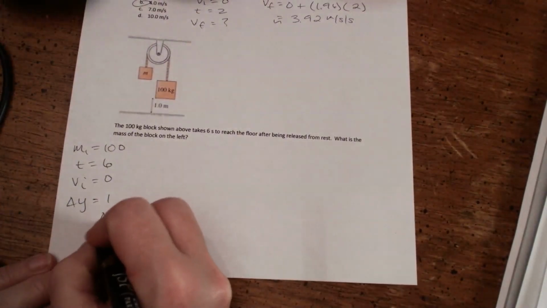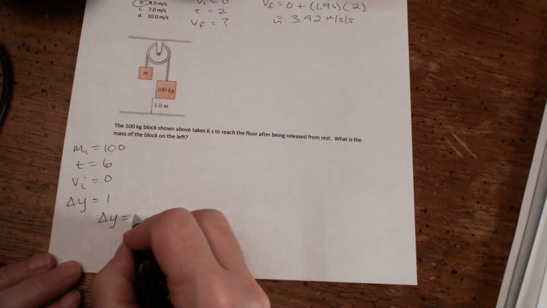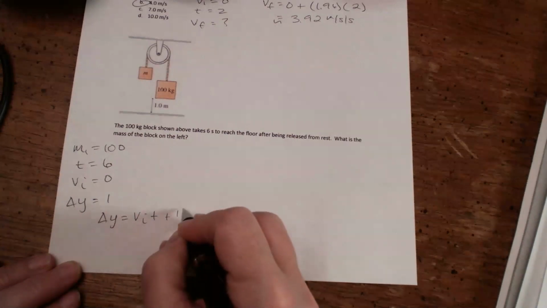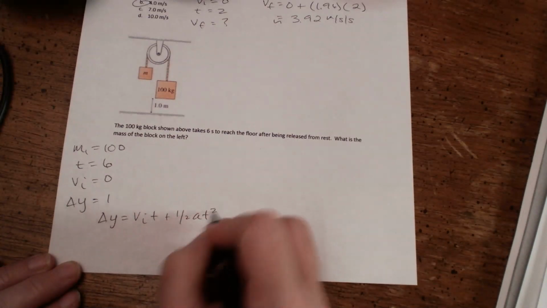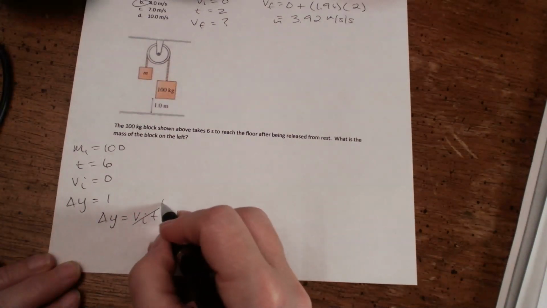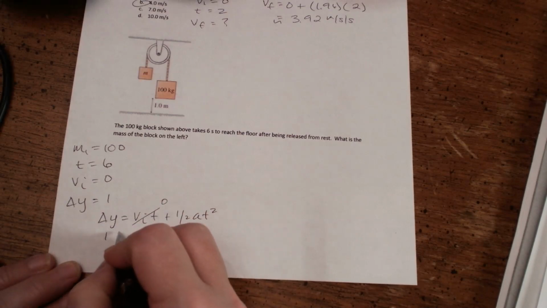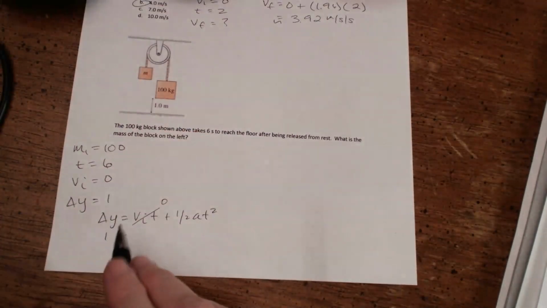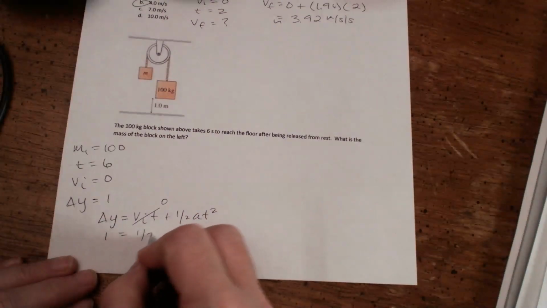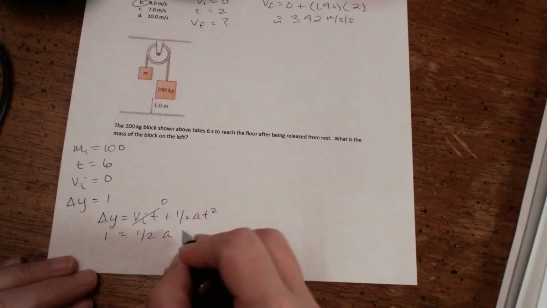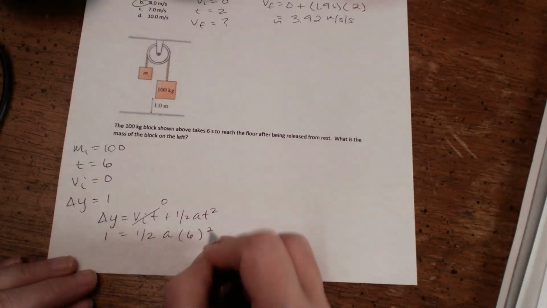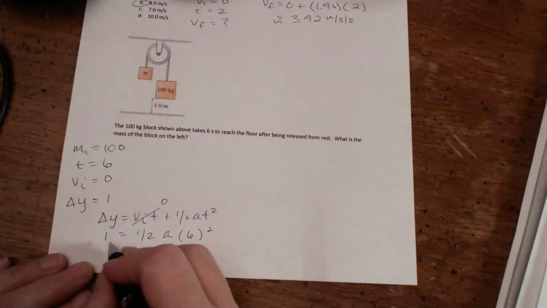So I'm going to rewrite it down here. Displacement equals VIT plus 1/2 AT squared. This goes to 0. This is 1 meter from my diagram. 1 equals 1/2 times A, I don't have that, times 6 squared. Okay.